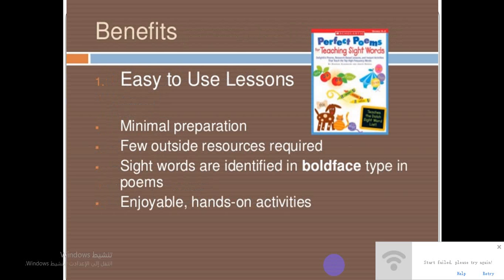The benefits of this approach: easy to use lessons, so minimal preparation and few outside resources required. Sight words are identified in bold-face type in poems, and there are enjoyable hands-on activities.